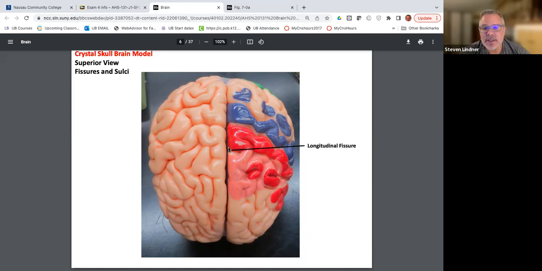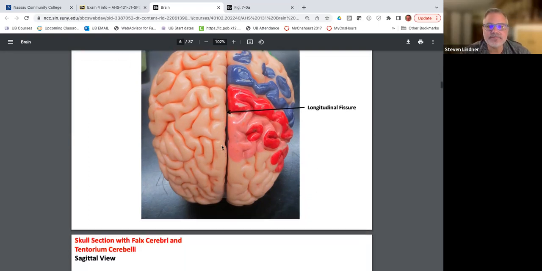If you can get your fingers in between these, you can pull and separate the left and right cerebral hemispheres from one another. You can't separate the brain. I've tried, I've done many brain dissections. What ends up happening is you can separate it a little bit, but it's still fully intact. There's quite a connection between the left and right hemispheres, lots of axons going back and forth.